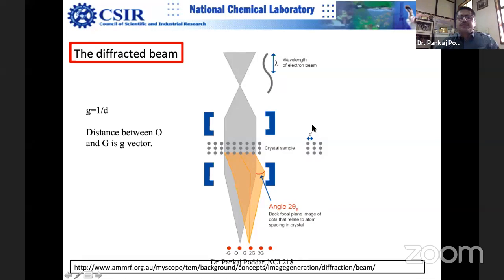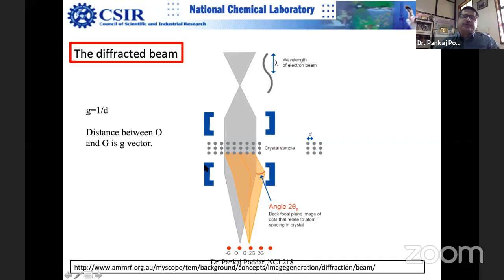If you take another plane in between, imagine another plane, your d becomes half. Now what will happen? Those planes will show the diffraction at 2g, right? Which is basically a larger distance here. Though this distance corresponds to a smaller d, smaller interplanar distance.